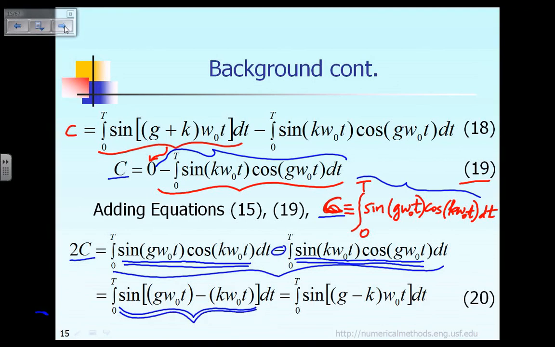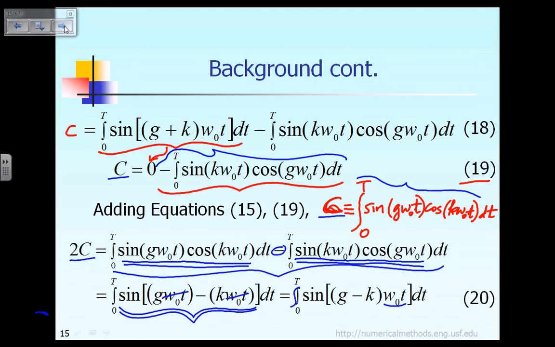And then we can simplify a little bit more because you have omega naught t here and omega naught t in there, so you can factorize that term. So what you have is equation 20: the integral from 0 to t of sine of g minus k times omega naught t dt.